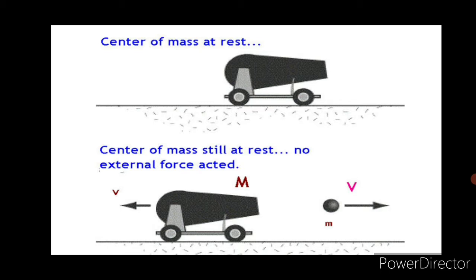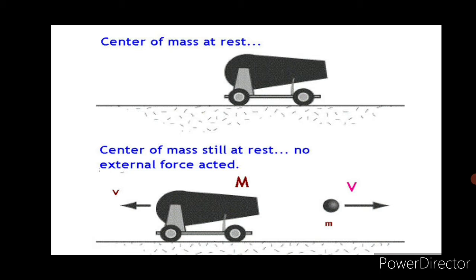So what is happening here? The net momentum of the system is the same. If it was at rest, the net momentum is going to be zero. When there is no change in the momentum of the system, obviously there is no change in the position of center of mass. So center of mass remains at rest here, right?